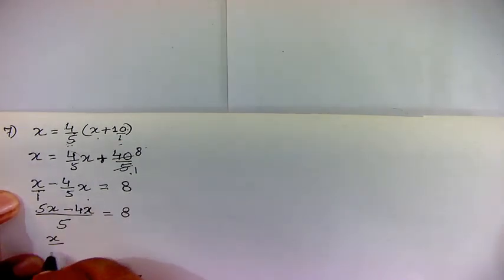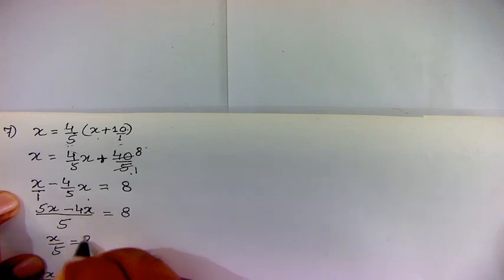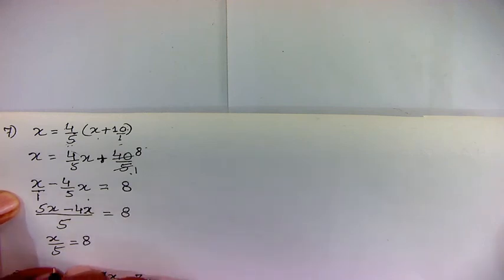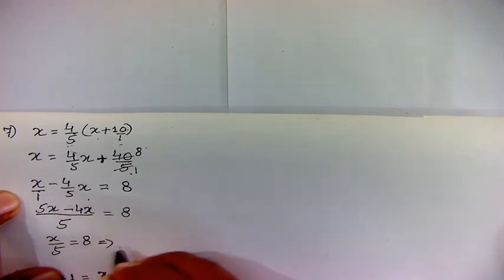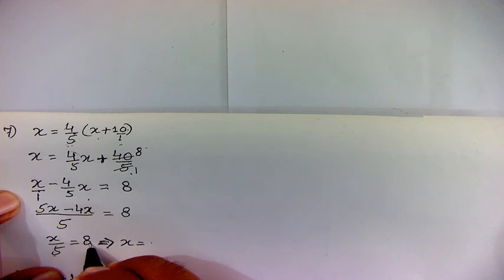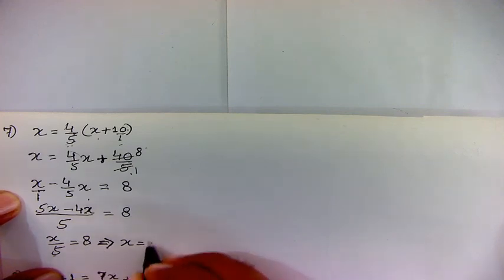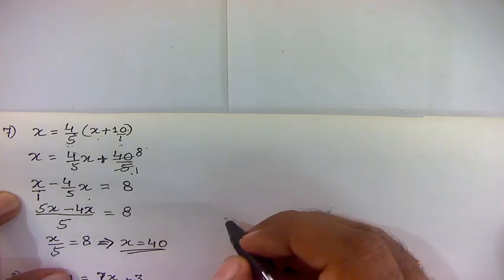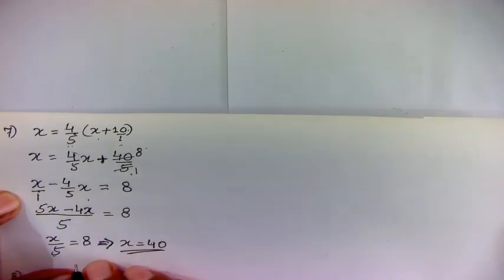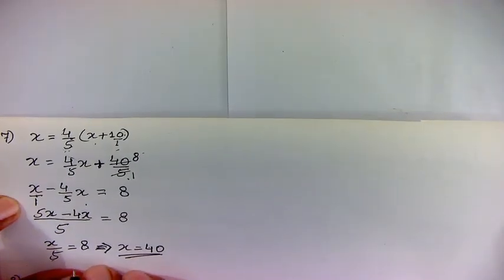So you have x upon 5 equals 8. If you further simplify, x equals 5 multiplied by 8. So you get x equals 40. So this is the value of the variable.